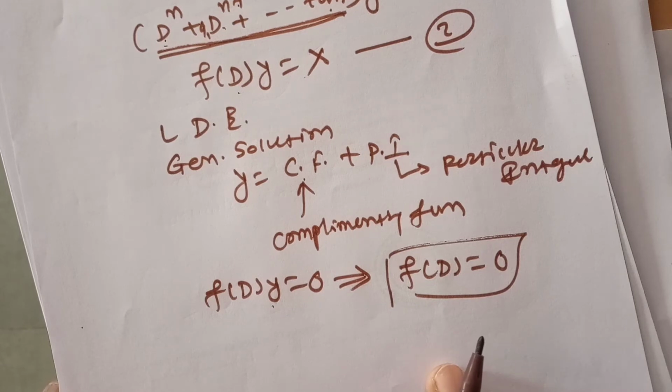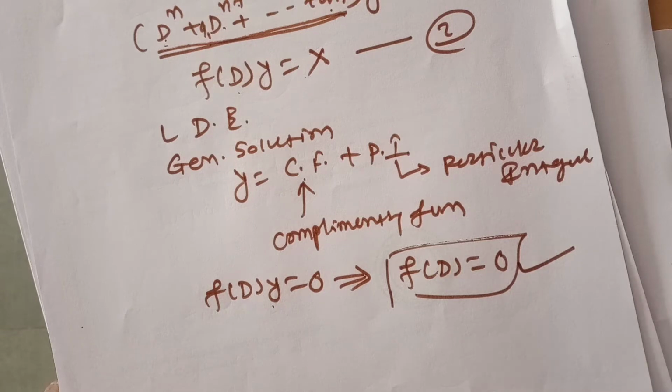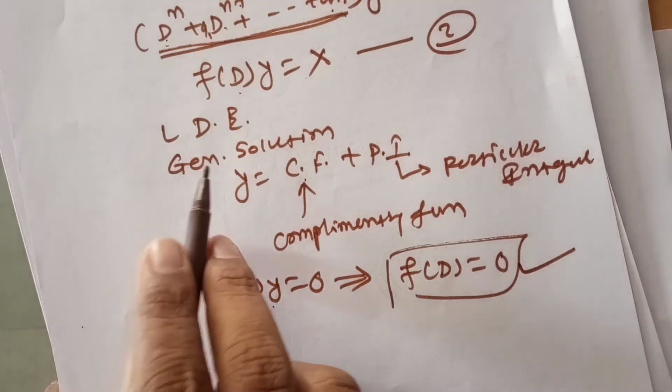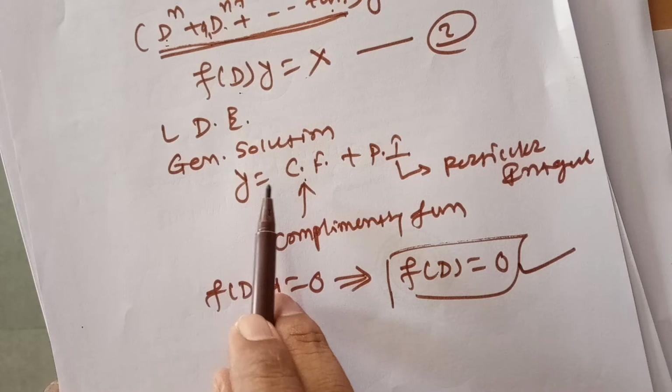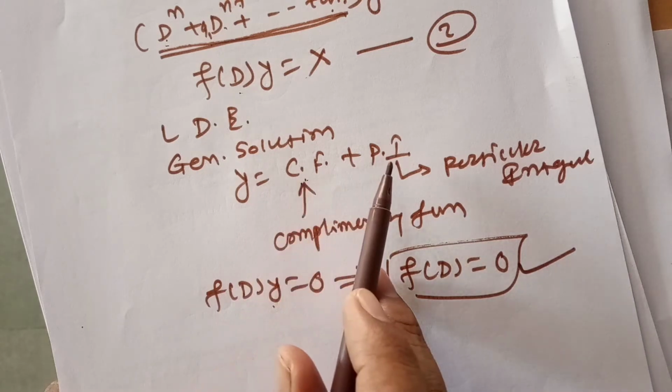Therefore I am taking f(D) = 0, and from this equation we can find the CF. Now this is our general solution, CF plus PI. Now our aim is to find the CF as well as the PI.